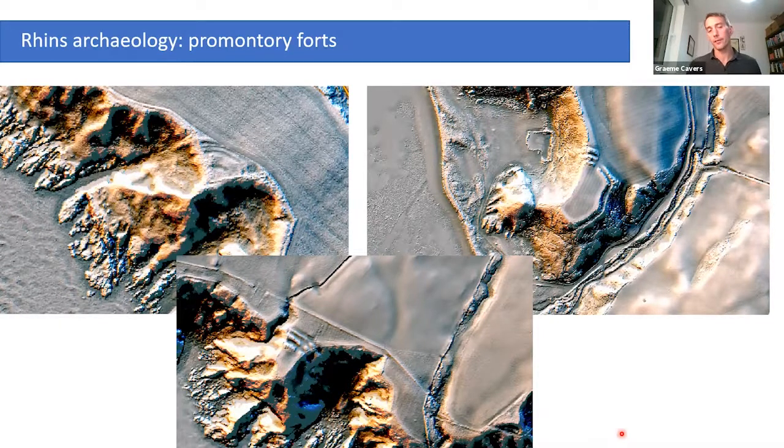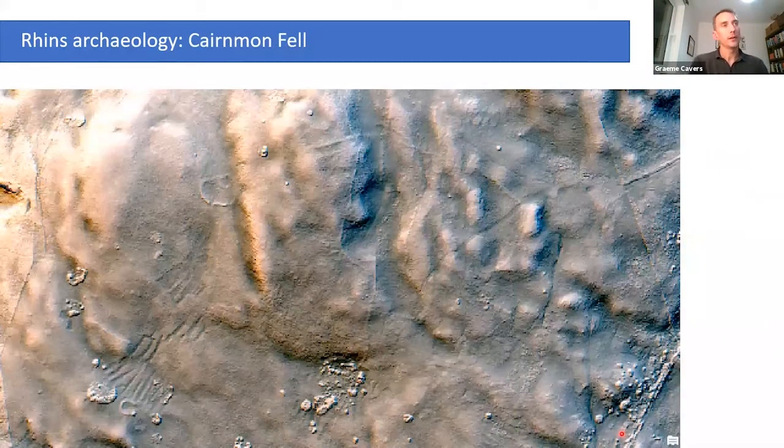So visiting them, having looked at the LiDAR, or even if you're able to take images of the LiDAR with you, really adds to your experience when you go out to have a look at these things. But again, like everywhere else in Scotland, you'll find around the edges of modern farming areas, or around areas that have been heavily ploughed and cultivated, the survival of really quite impressive much earlier archaeology.